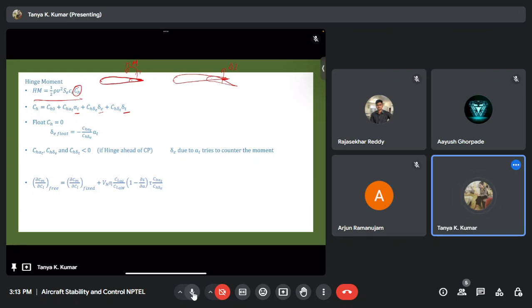So for a positive deflection of elevator, a positive lift is generated, and due to this positive lift, the moment at the hinge is negative. Your anti-clockwise moment we had studied was negative, right? So for positive delta E, negative hinge moment.